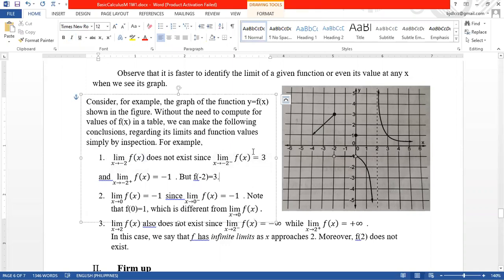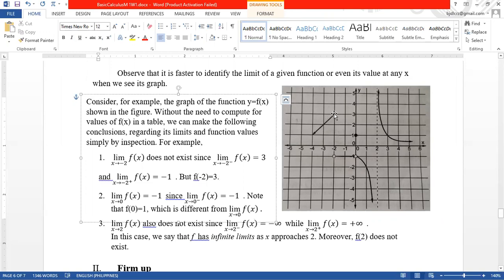So the limit of f of x as x approaches negative 2. Asa man negative 2 ani? Dara negative 2. So here atong tan-awon si f of x as x approaches negative 2 from the left. So pa-approach siya from the left to right, dire siya sa line.